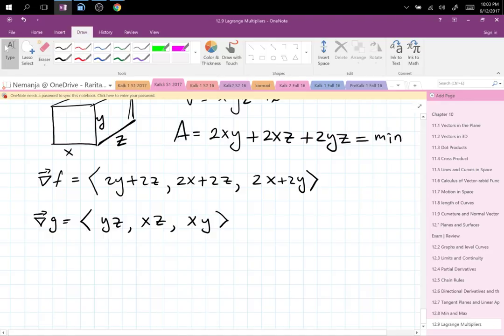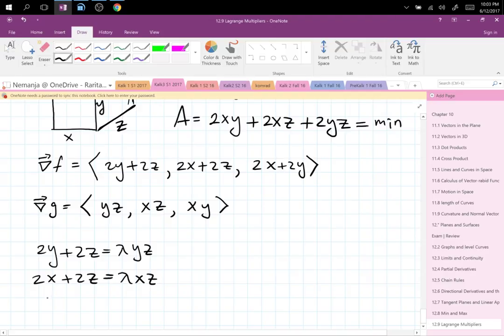So now we have 2y plus 2z is equal to lambda yz. Then we have 2x plus 2z equals lambda xz.